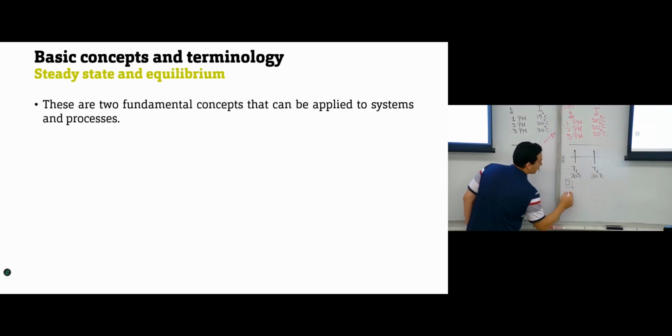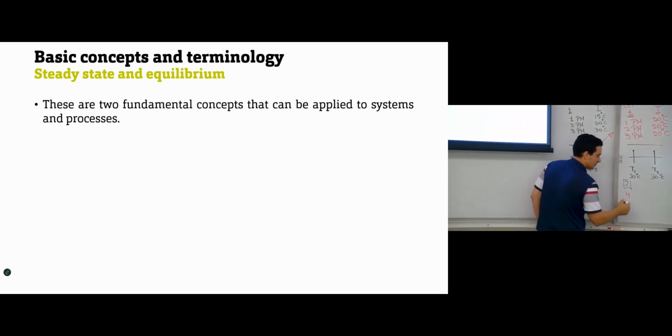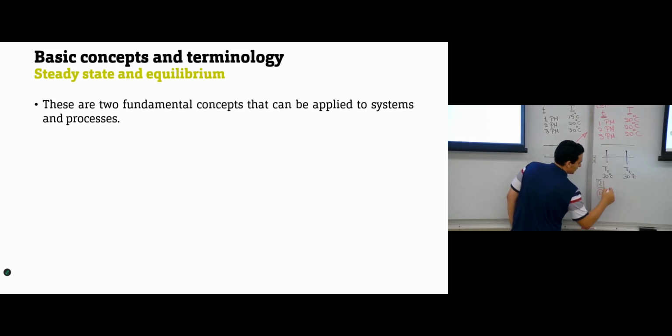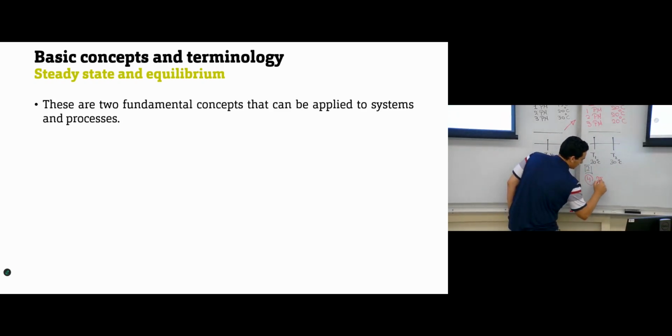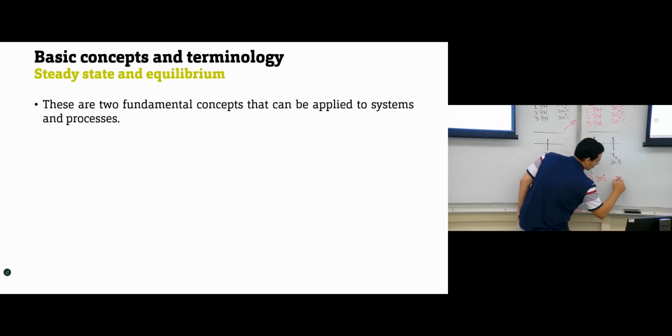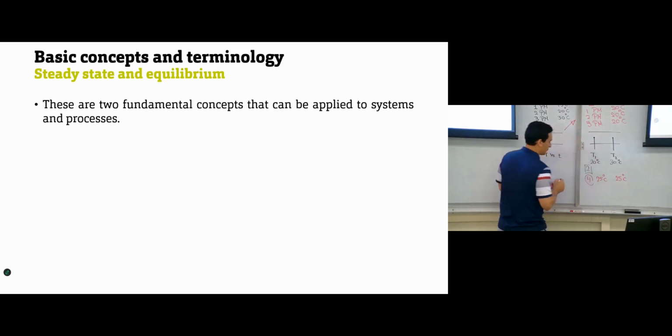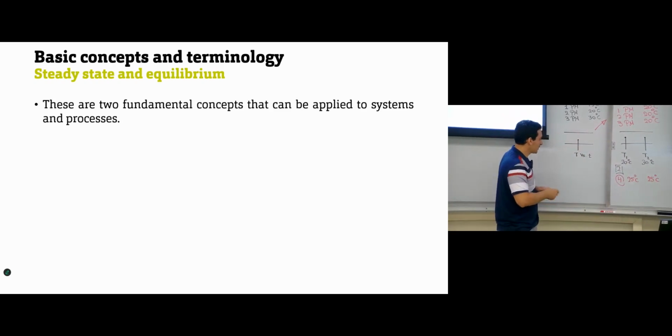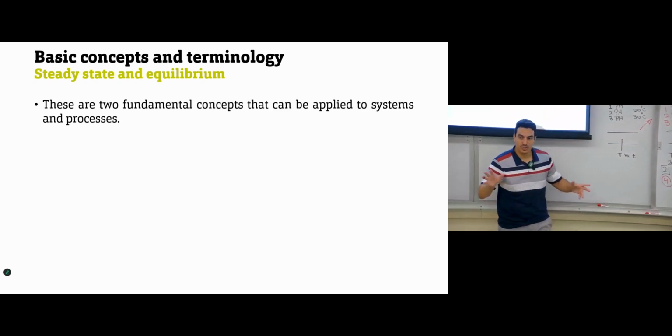And case number 4, can you see it? Okay. Let's say T1 is 25 degrees Celsius, T2 is 25 degrees Celsius. Okay. So let's see, we have these 4 cases.